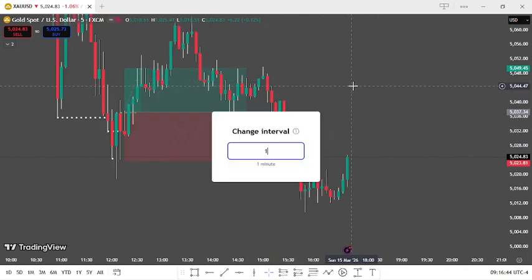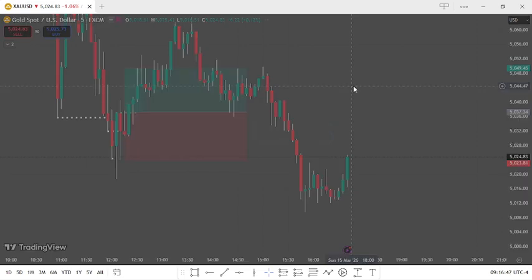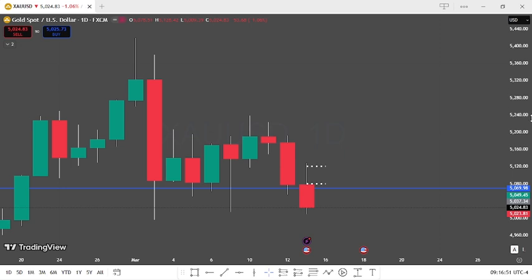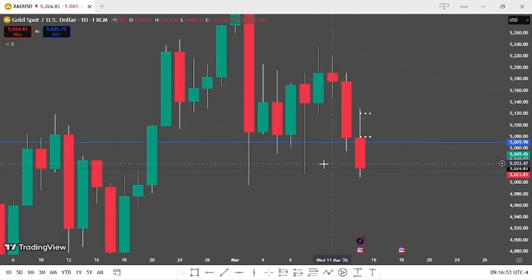Now I saw something interesting on the 1-day chart, which I would also like to share with you. It is an observation of a potential CRT forming for the next week.